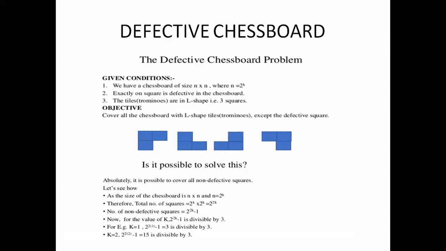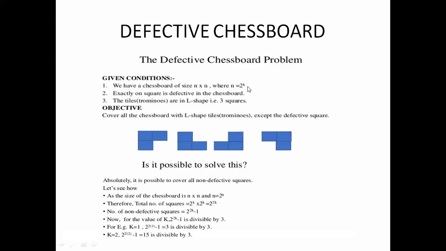If you are given a chessboard of size n by n, where n is a power of 2, so you have 2 to the power of k rows and 2 to the power of k columns.